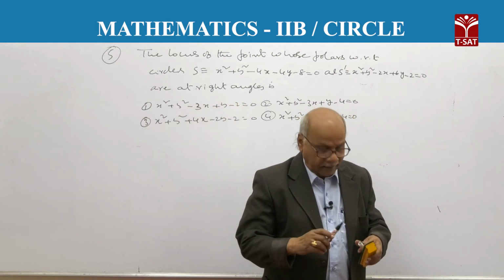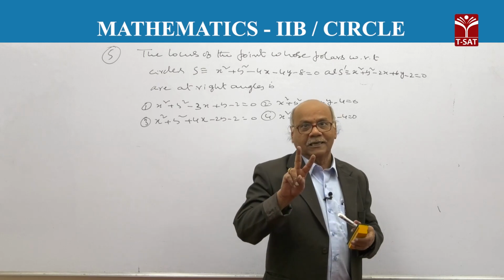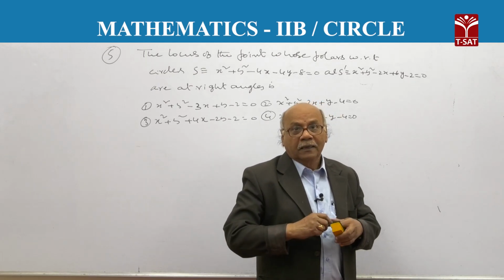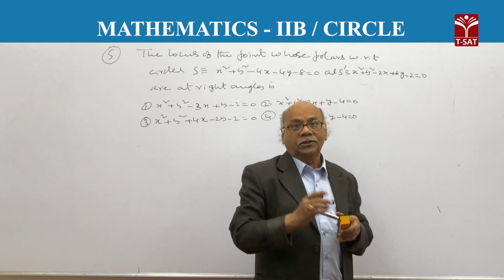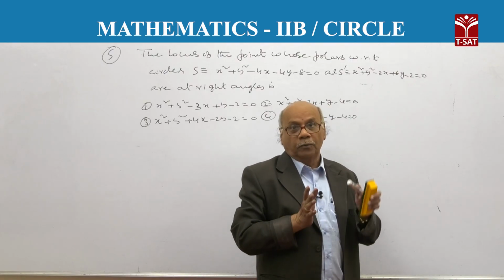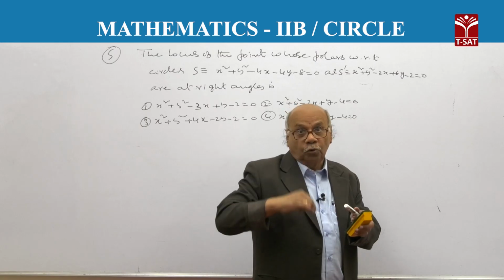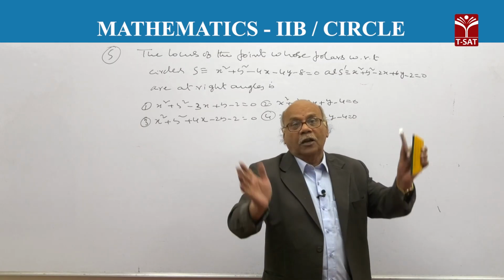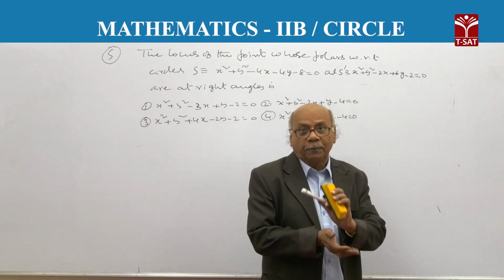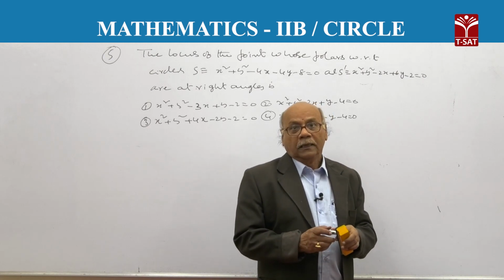The problem is here, see, you are given two circles. Now, he asked the locus of all those points whose polars with respect to the two circles must intersect orthogonally. That is, they must be perpendicular to each other.